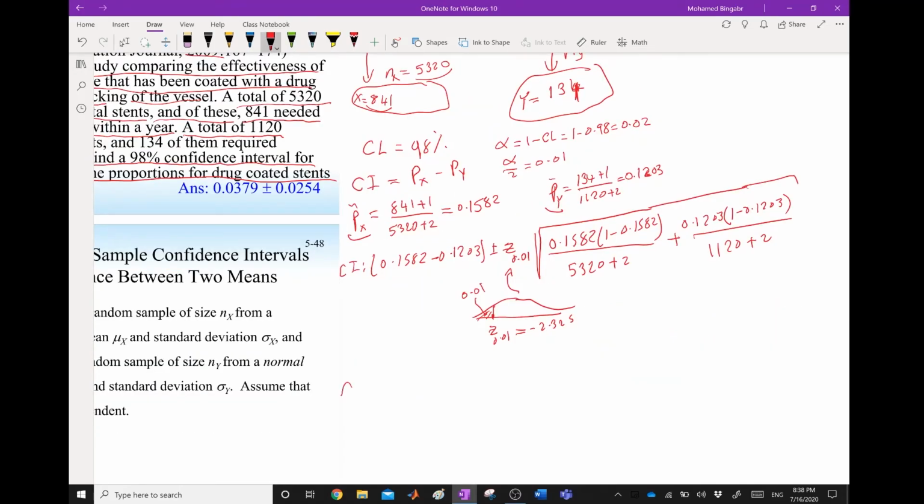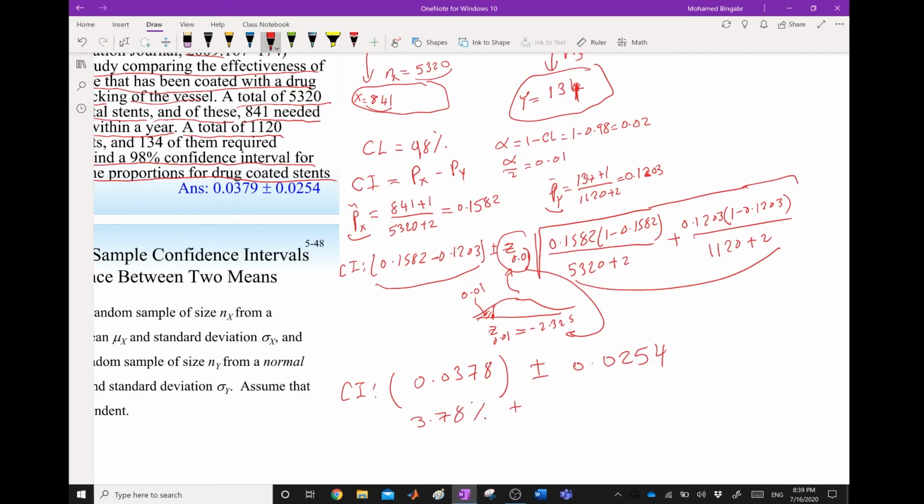So if you calculate, then the confidence interval will be 0.0378 plus or minus, if I plug in this quantity and multiply it by this, 0.0254. So if I convert these to a percentage, it's 3.78% plus or minus 2.54%.